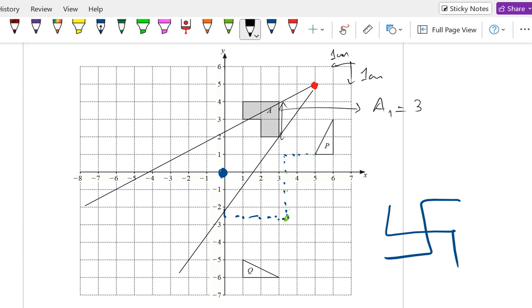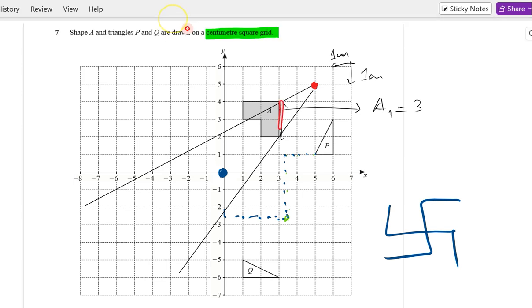Now since I said that this is 2 centimeter, our enlarged shape will have a side of 6 centimeter as per our working. So let's count this: 1, 2, 3, 4, 5, 6.